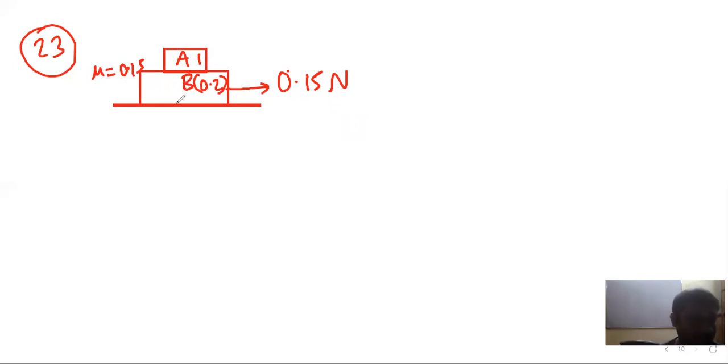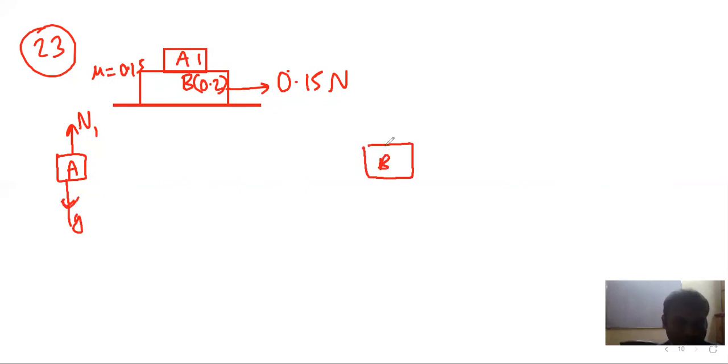So in this case, we have to find when B will slide on A. Let us first think about the forces. For block A, one force is N1, another force is MAG in the downward direction. For block B, we have N2, the force by ground on block B, MBG.